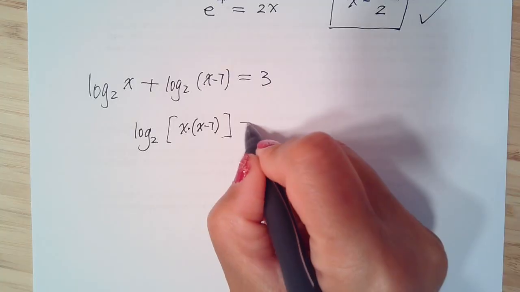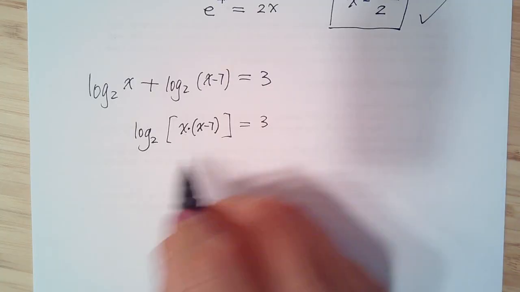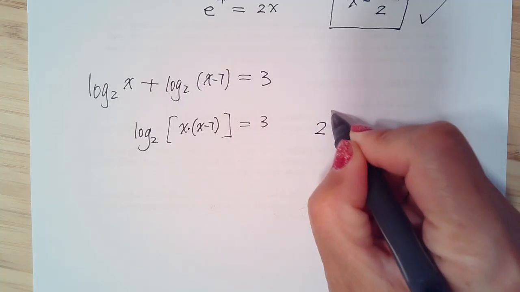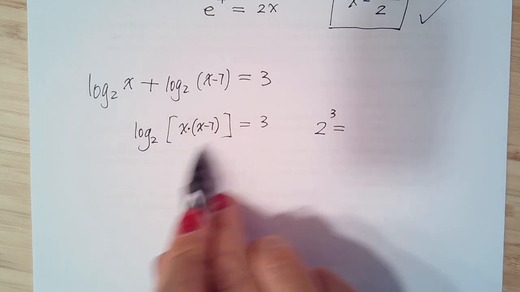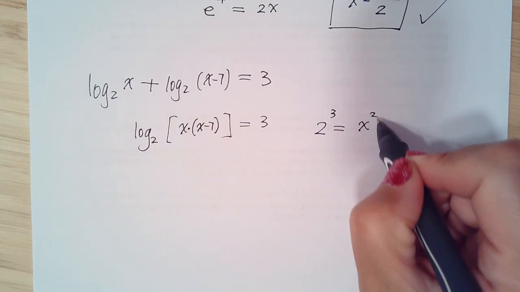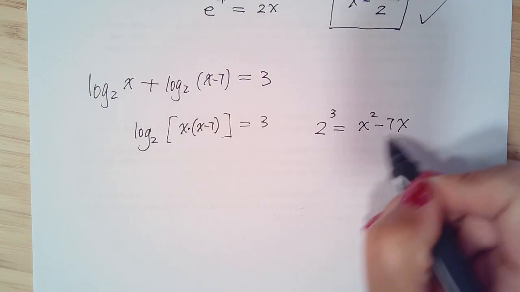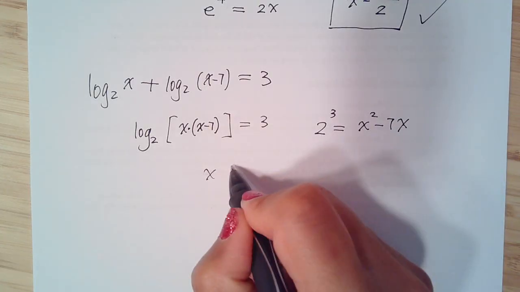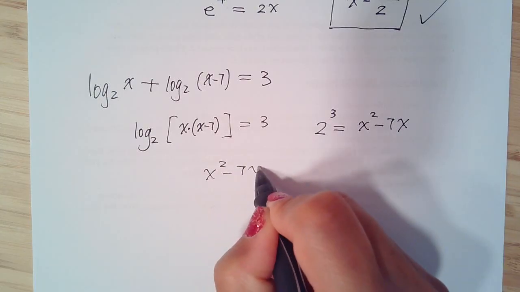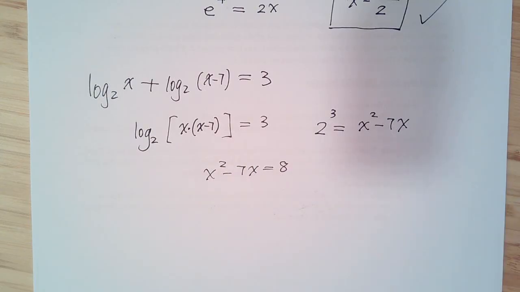Okay, and that equals 3. And next, I'm going to write this as 2 to the 3rd. Base is always the base. 2 to the 3rd is, you multiply this, that is x squared minus 7x. And what is 2 to the 3rd, which is 8. So we have x squared minus 7x equals 8.